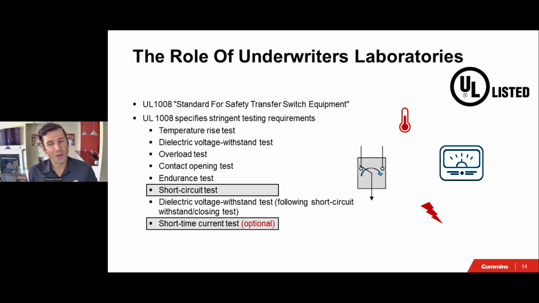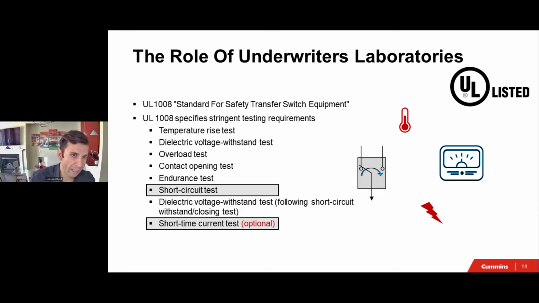And also they do a short circuit test, which is what we need to focus on today. After the short circuit test, they dictate to the manufacturer to perform a dielectric voltage withstand test to make sure that the transfer switch has not suffered any degradation. And then there is an optional test, which is the short time current test.